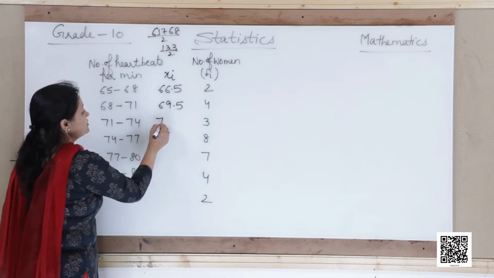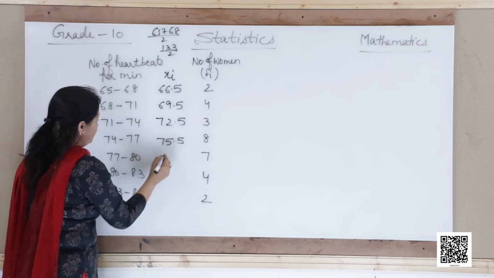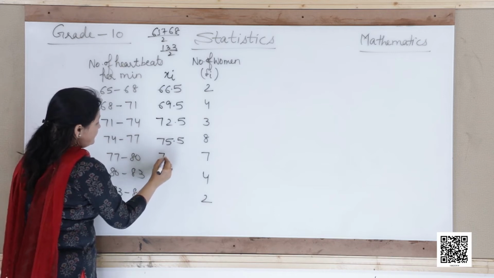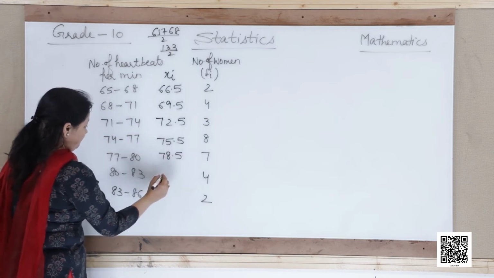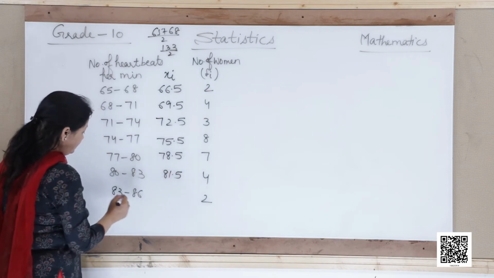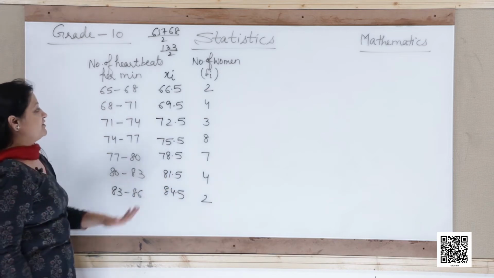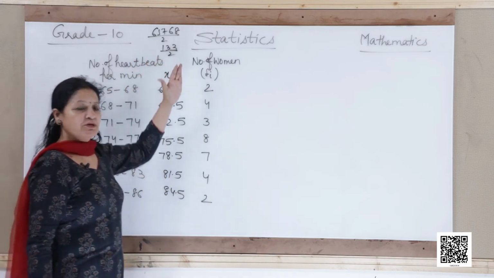Again adding 3, 72.5, 75.5, it is 78.5. Again we have 81.5, and from here we'll be having 84.5. So we have got all the numbers of xi.